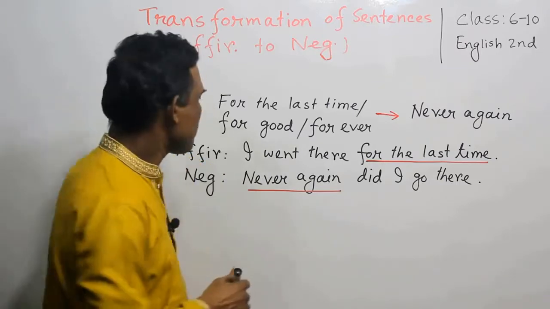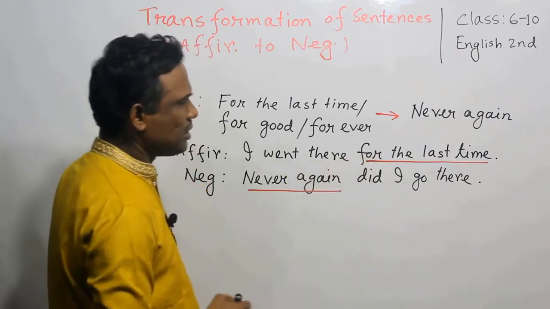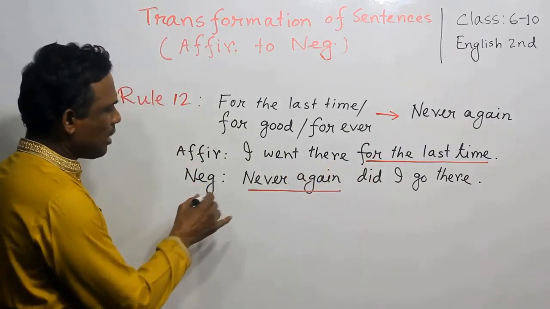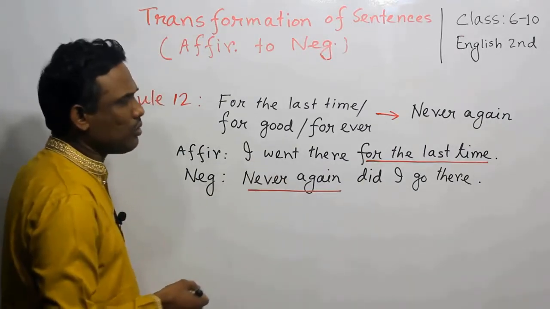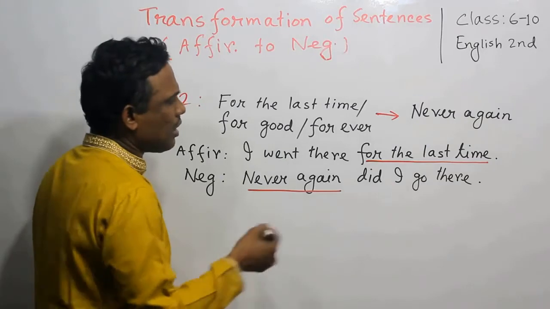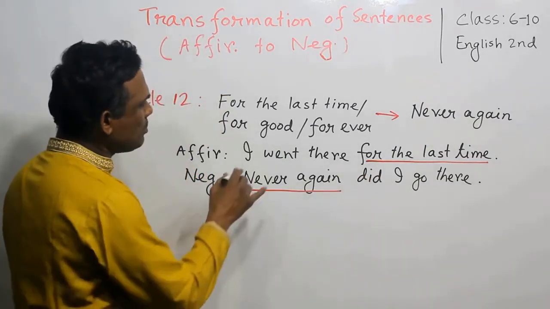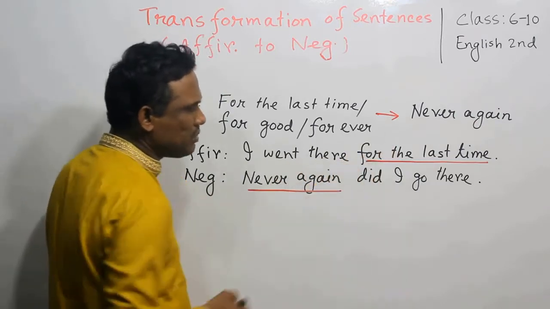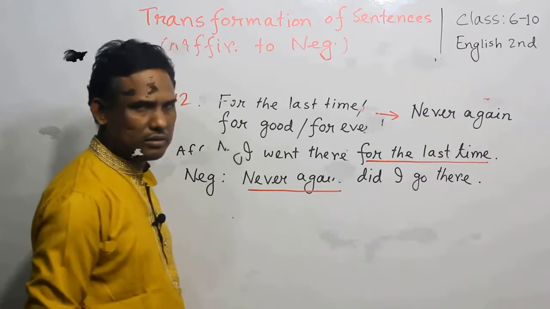For example, I went there for the last time. Here you can see I have started the negative sentence with never again, and you can also see I have used the auxiliary verb did before the subject I. So I went there for the last time. Its negative form is never again did I go there.